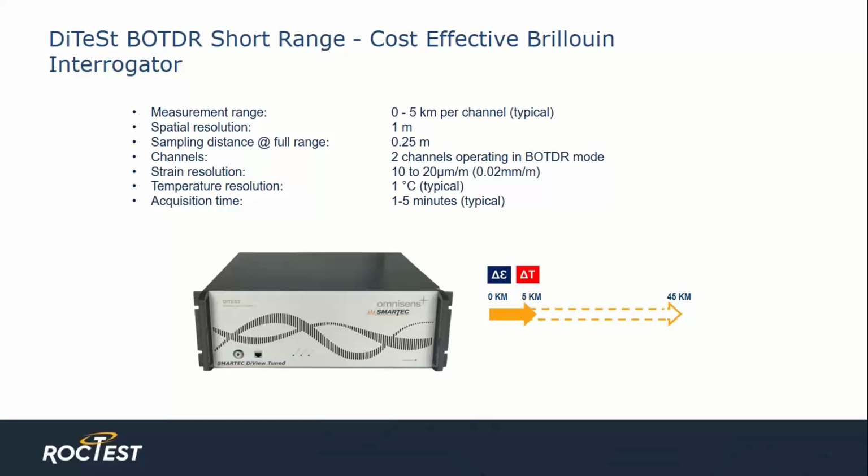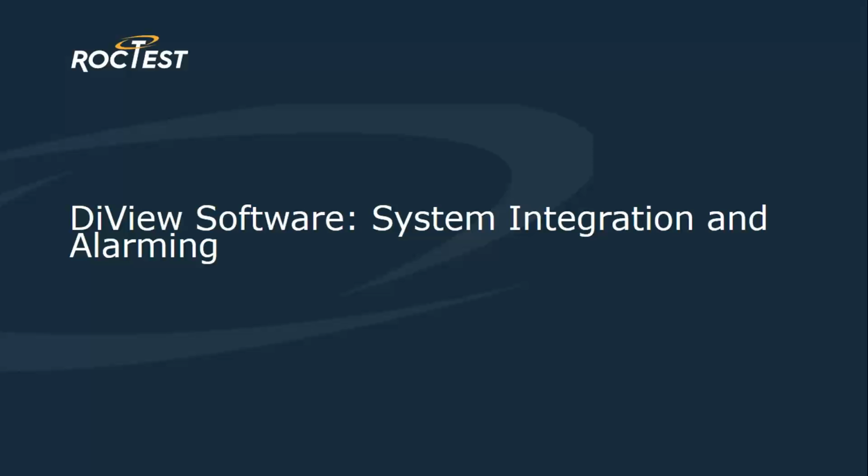Therefore, it enables the implementation of this technology for small to medium scale monitoring projects. This is indeed a reliable and optimized performance entry-level Brillouin interrogator for short range applications.